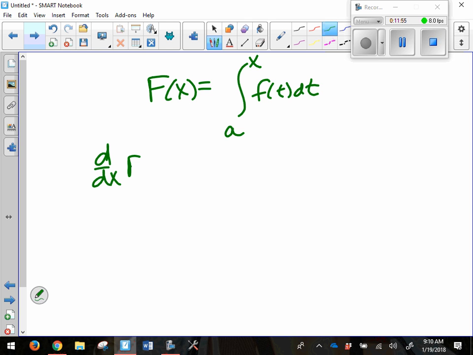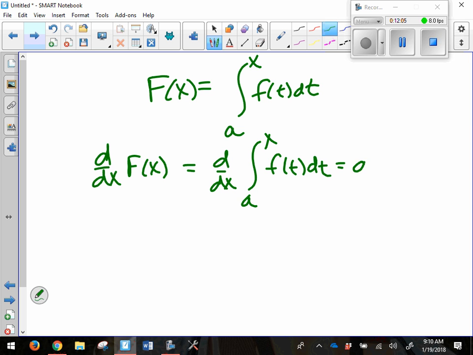So d by dx of f of x is going to be d by dx of my integral from a to x of f of t dt, and we said that that was going to be equal to f of x. Now what I'm going to do next ends up looking a little weird.